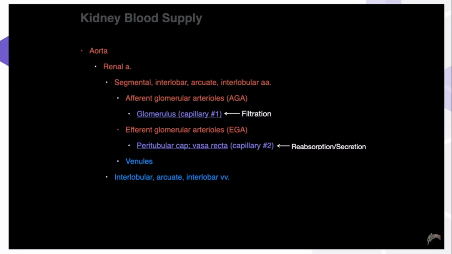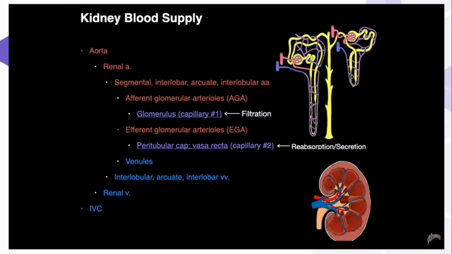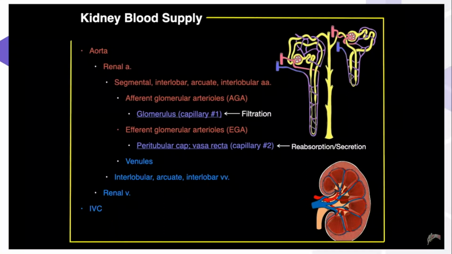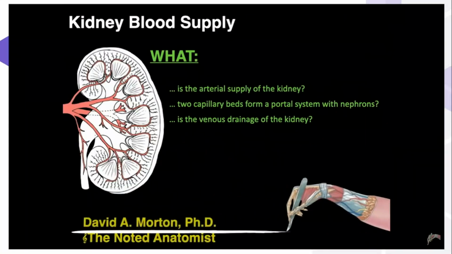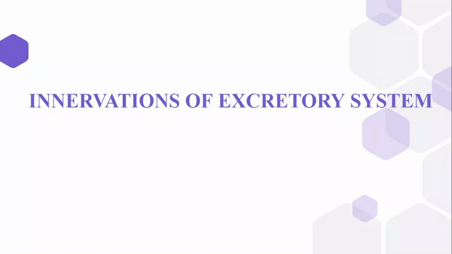It is called the second capillary bed. Then the peritubular capillaries become venules, then interlobular and arcuate veins, then the renal vein and inferior vena cava, and your blood is drained. You can understand easily the vascular supply of your kidneys.